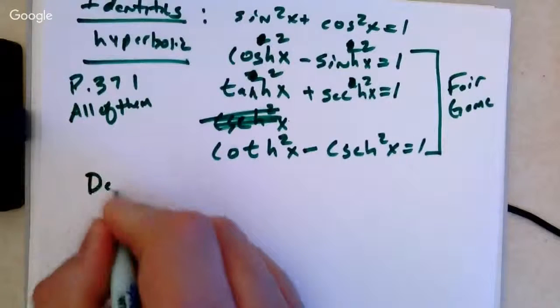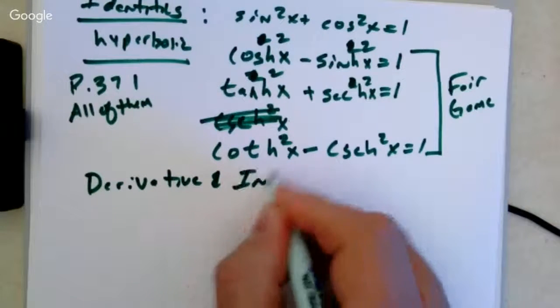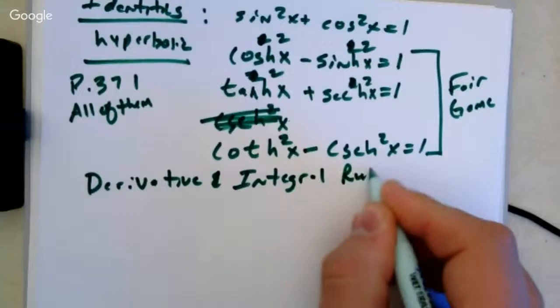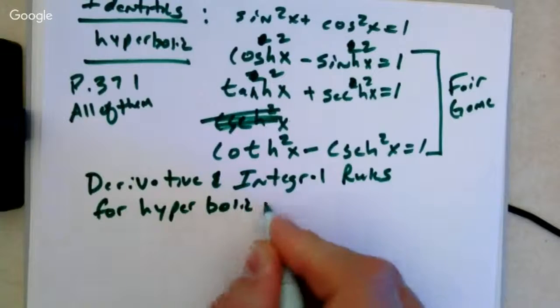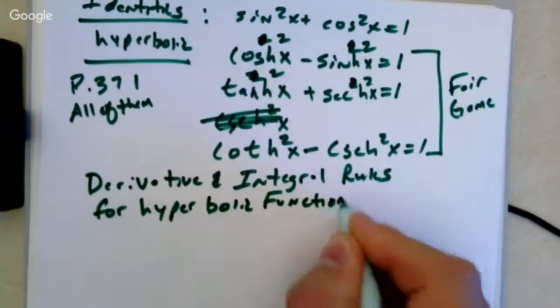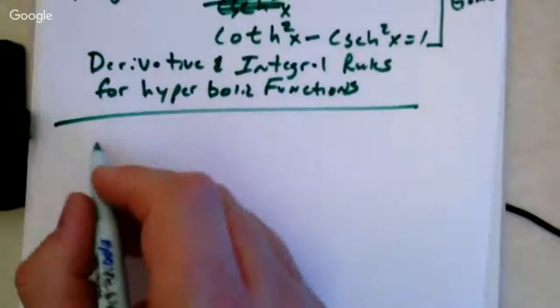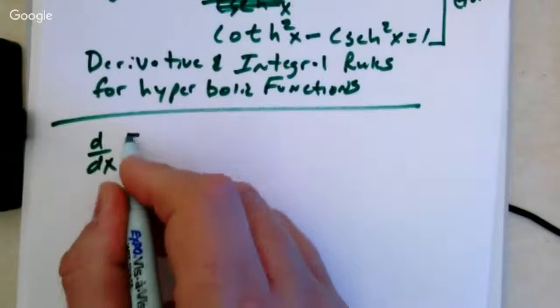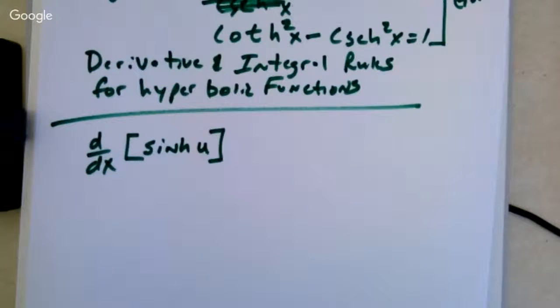So the derivative and integral rules for hyperbolic functions. Okay, it would be really nice if this was equal to what?